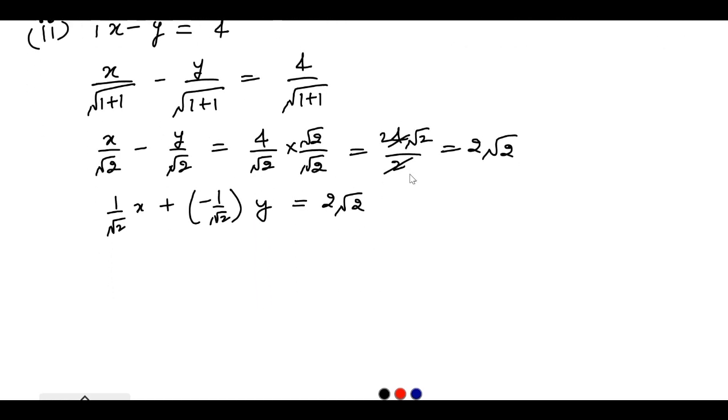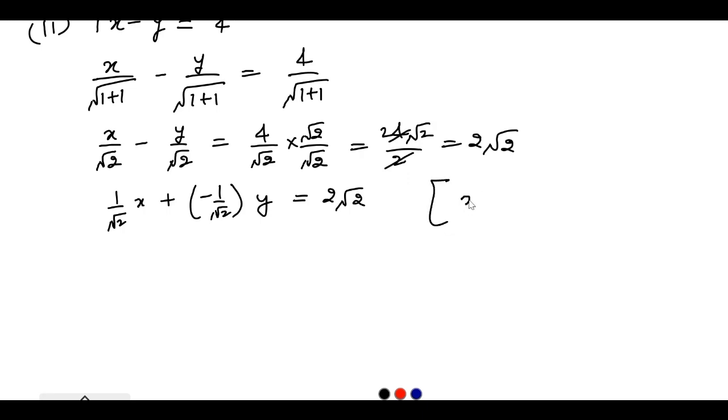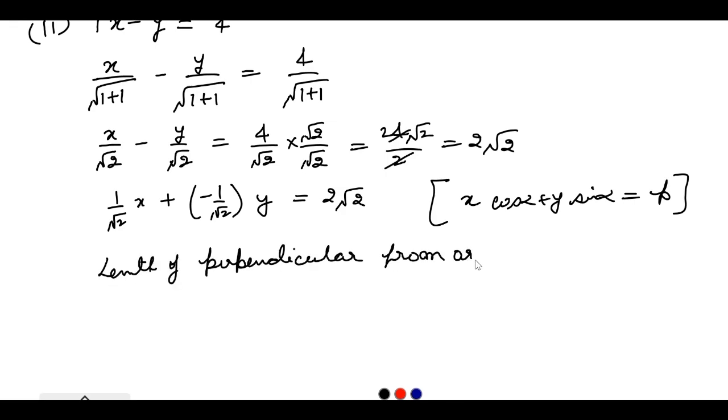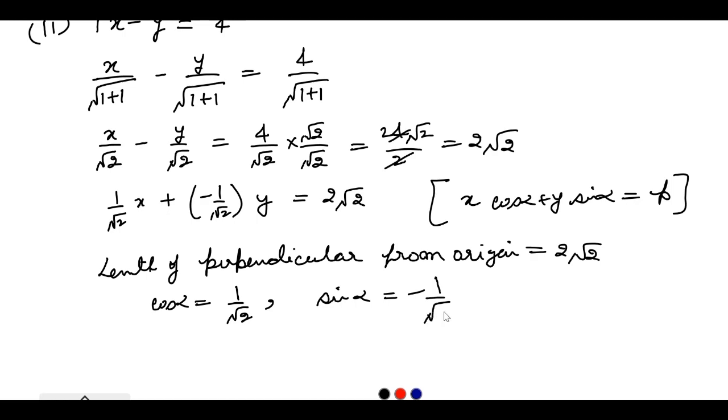This is the normal form. x cos alpha plus y sin alpha is equal to p, p is 2 under root 2 and cos alpha is 1 upon under root 2. Sin alpha is minus 1 upon under root 2.